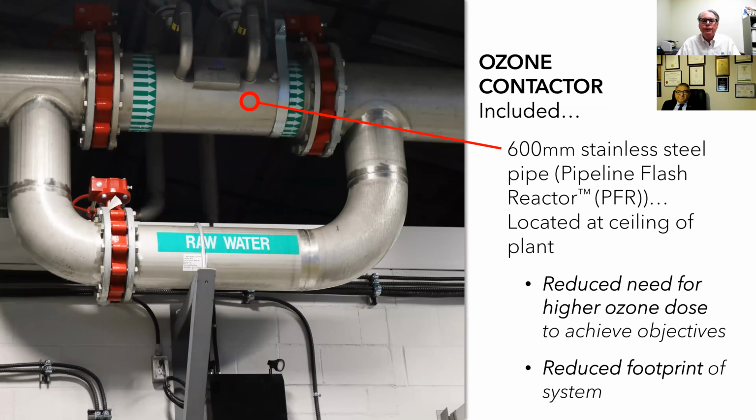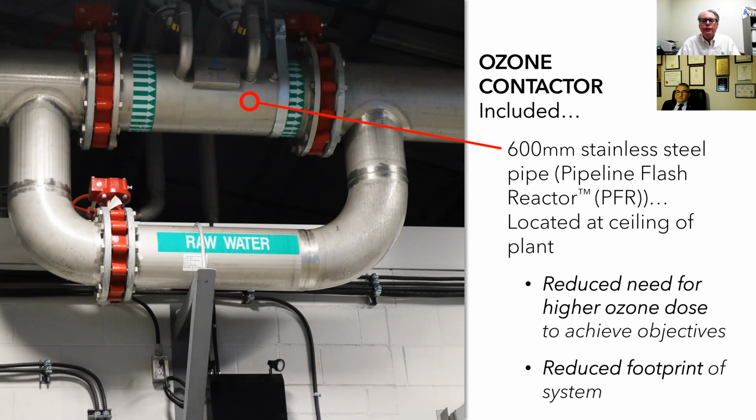One of the significant approaches is to reduce the footprint by, instead of building a contactor, which will take a fair space, we introduced the use of a pipe contactor, a 600 millimeter stainless steel pipe, with the use of an injector. Mazzei injectors were used here, which introduce the ozone directly into the pipe.